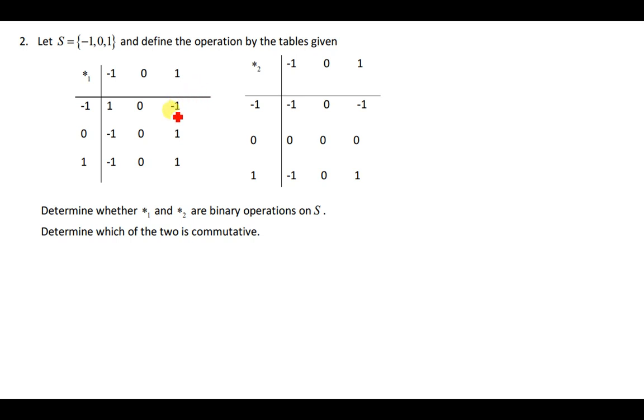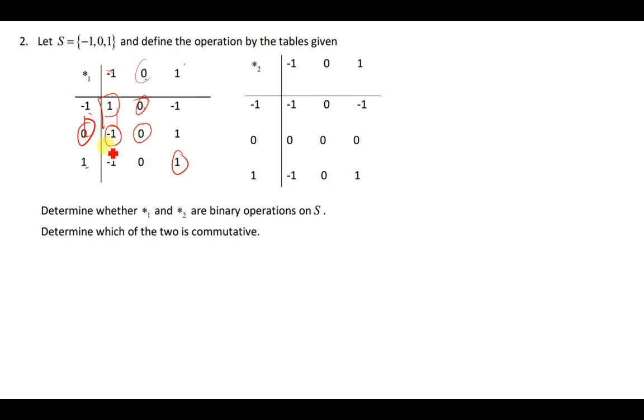So when you check the input, there we have -1 star -1, the answer is 1. 0 star 0, the answer is 0. 1 star 1, the answer is 1. Then -1 star 0, the answer is 0. And then let's also look at 0 star -1, the answer is 1.